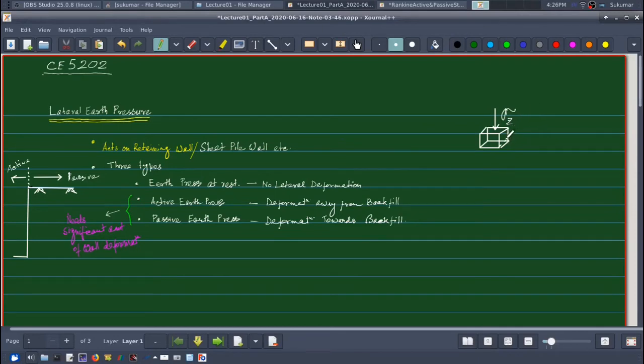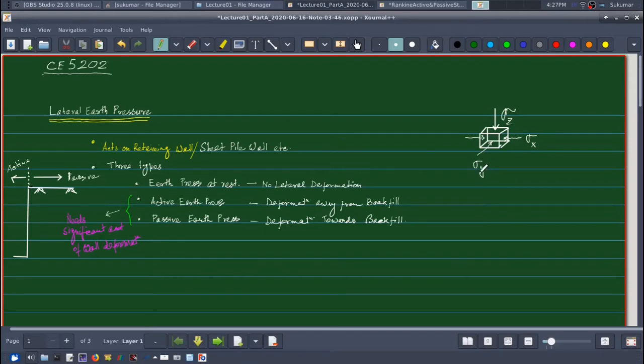Now, due to this sigma z, since the soil is confined, it will also develop some normal stress on the vertical planes, right? It will also develop some normal stress on the vertical faces in both the directions, and these we are denoting as lateral pressure, which is sigma x in this direction, and say in this direction it is sigma y.